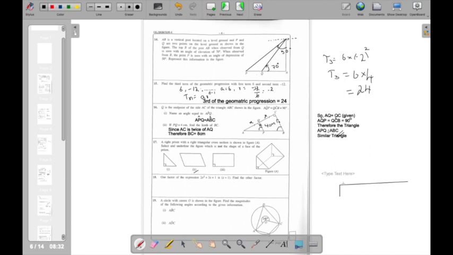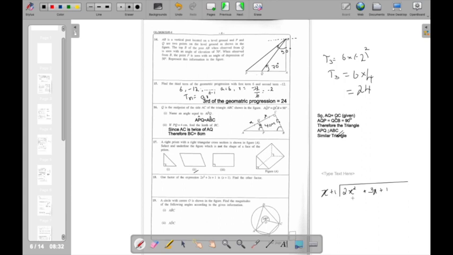So now you should mark here 2x squared plus 3x plus 1, and here you have x plus 1. This is going to be very easy.